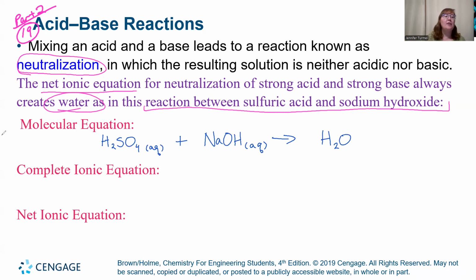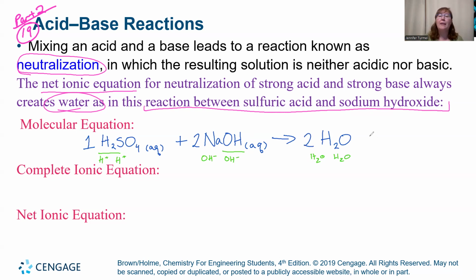Now, notice here that you have two protons and one hydroxide. If you have two protons, that's an H plus and an H plus, that means that you need two hydroxides in there as well. And that means that you will make two waters. So here we have one H2SO4 and two sodium hydroxides make two waters.